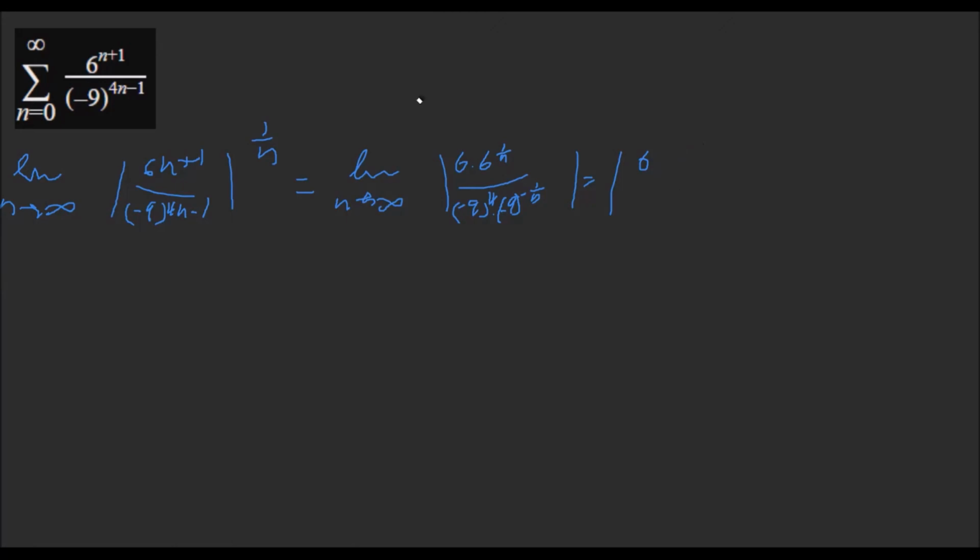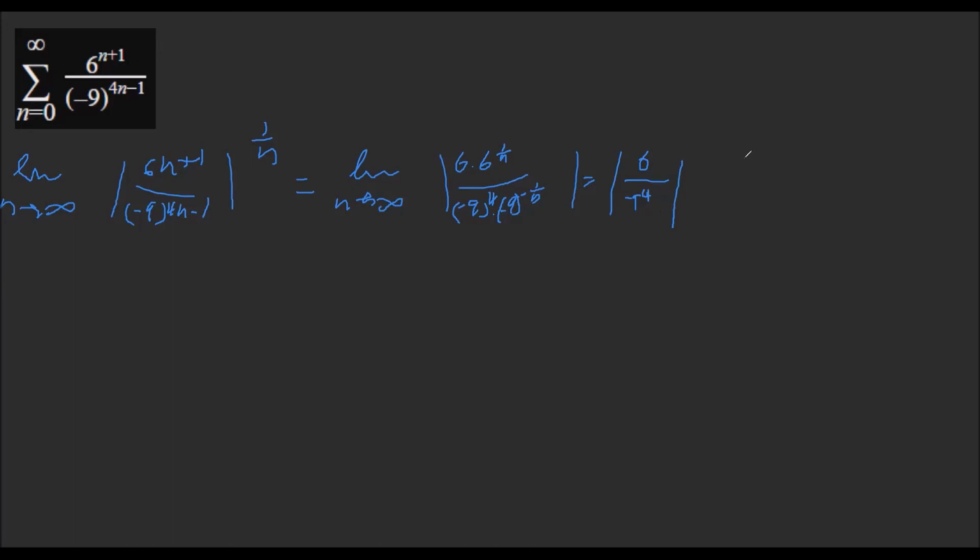over the denominator, which is negative 9 to the power of 4 times negative 9 to the power of negative 1 over infinity. As I said earlier, this is just 0. And so this entire part, negative 9 to the power of 0, is just 1. And so we end up with the absolute value of 6 over negative 9 to the power of 4.